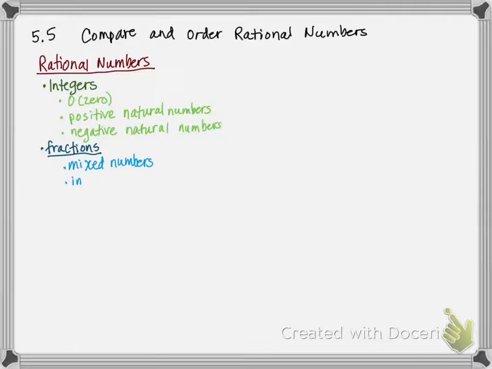We have improper fractions. And I'm not going to list it down because fractions are fractions. But let me add this piece though. Fractions can be positive or negative. So that's a new thing, huh?